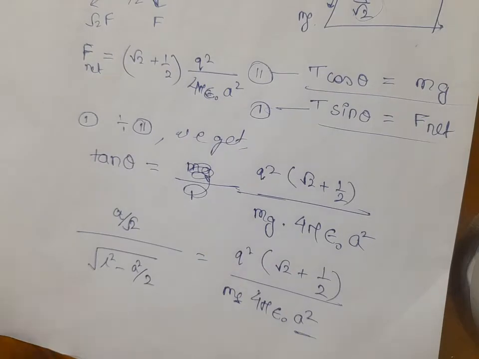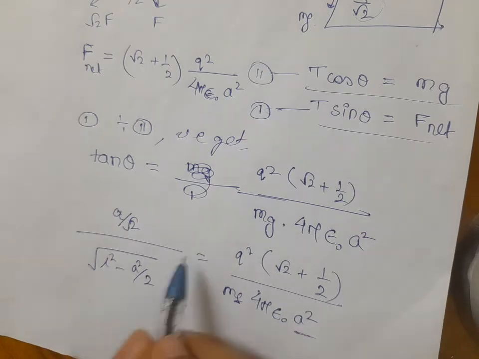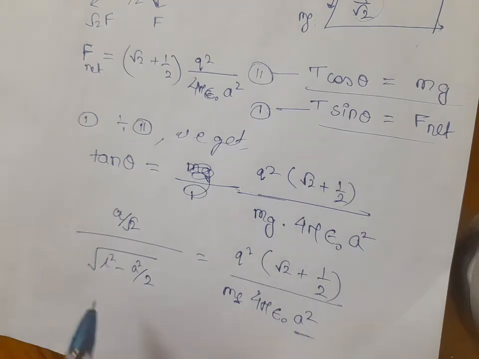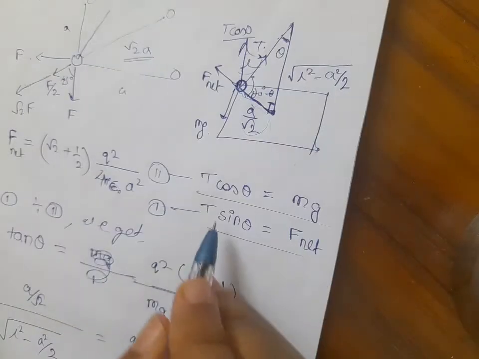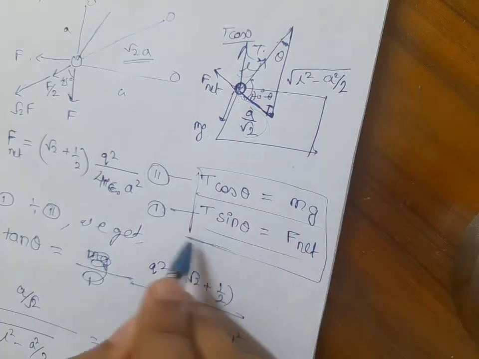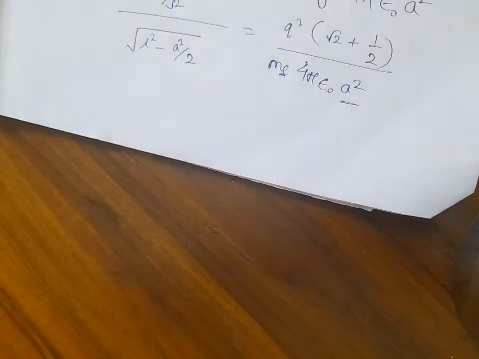So from this equation you can easily find the answer to the first part of the problem. Now for the second part, I suggest you better use this equation. It has taken much space. Let me use a different copy.